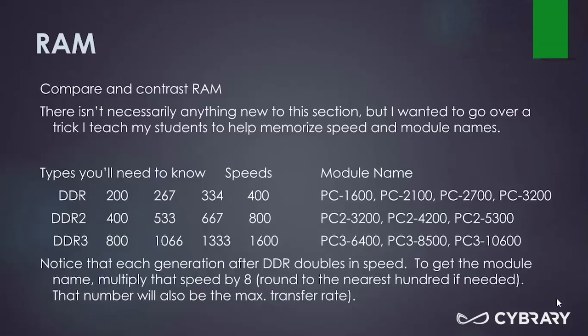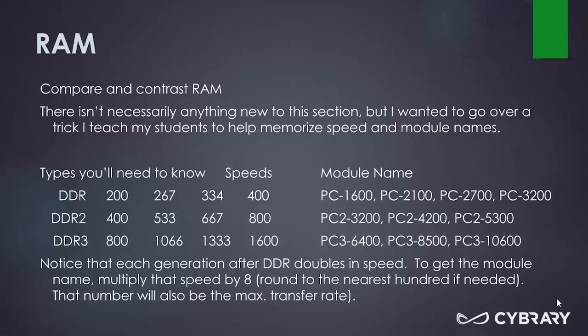When you come over to the module name, you're taking the speed for the DDR. So we're going to start with 200. You're going to multiply it by 8. If you get a number that doesn't end evenly on the hundreds, you're going to have to round up or round down. So 200 multiplied by 8 is 1600.